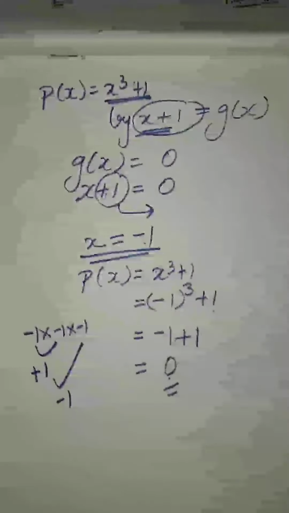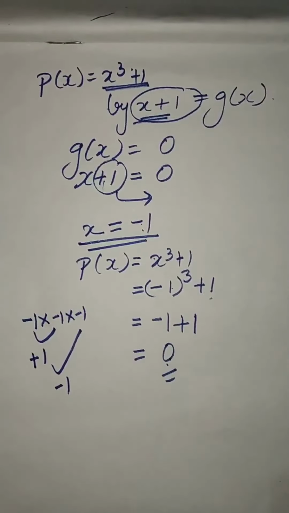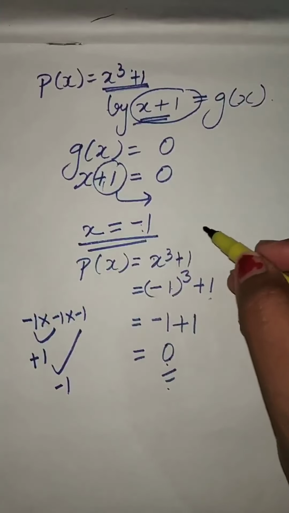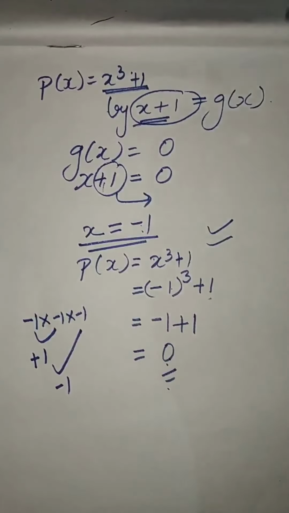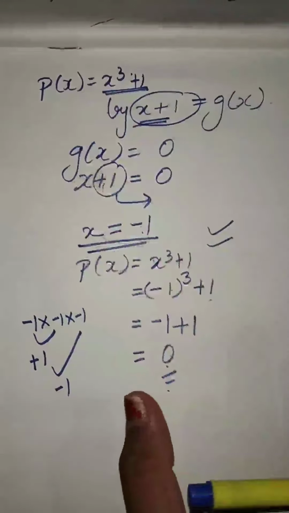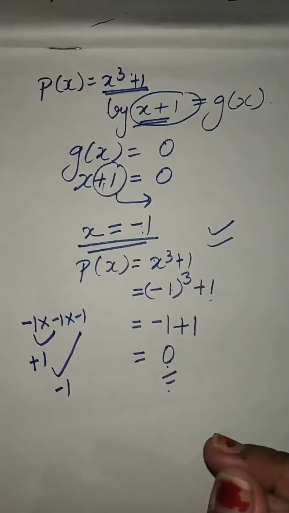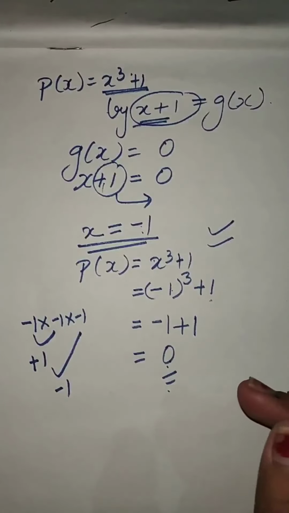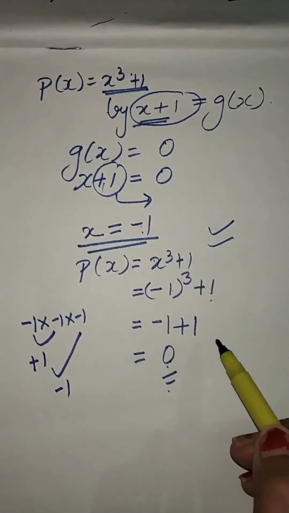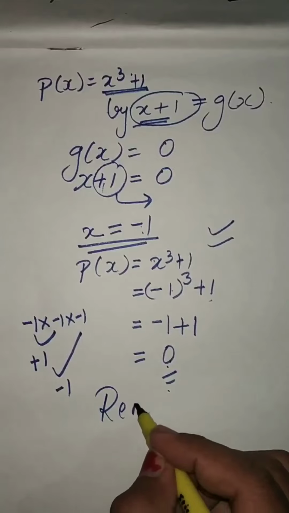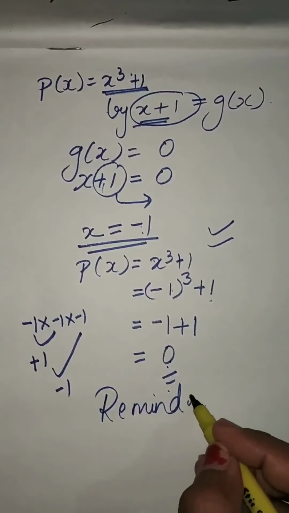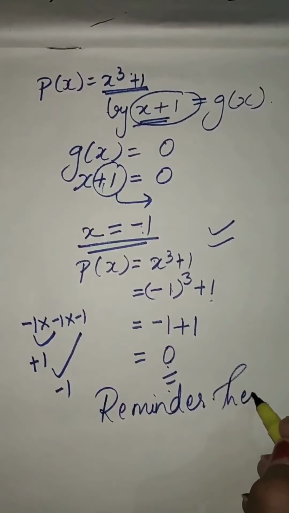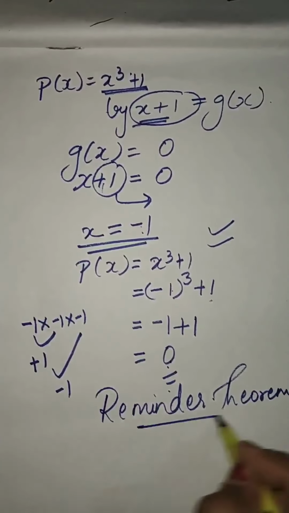So it's your choice whether you do the question by this method or by the long division method. Both of the methods we call the remainder theorem only. Its name is remainder theorem.